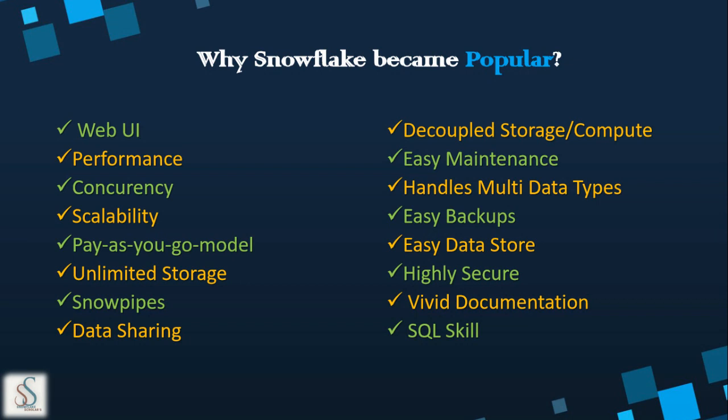And easy data restore, it's a spelling mistake here, it's data restore. That means, for example, you unknowingly dropped one of the tables. What you will do in the Oracle database is go and ask the admin, I mistakenly dropped the table, please restore that table, right?